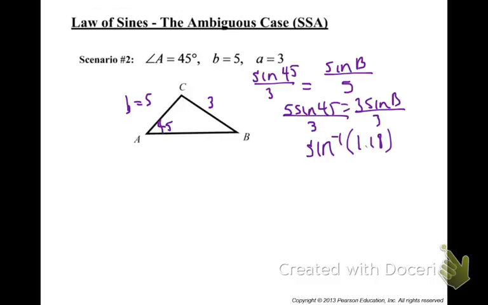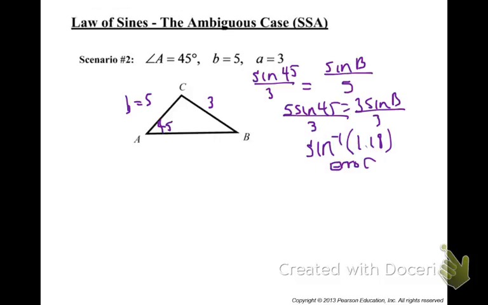Okay, so when we end up with that 1.18, and I know some of you went straight into it so you didn't see it, so that's kind of why I'm putting this up here right now. And you ended up with an error, right, when you tried to put that in? Why is that an error? Why does it not work when you try to take the inverse sine of 1.18?